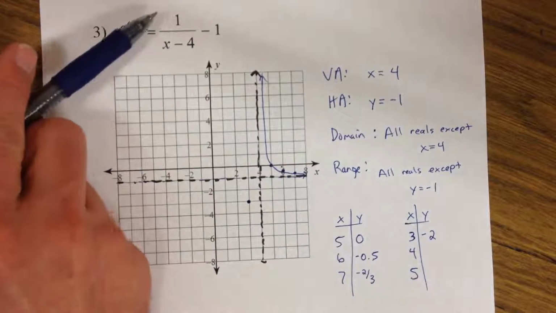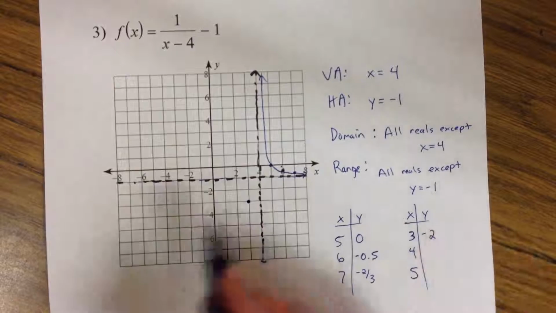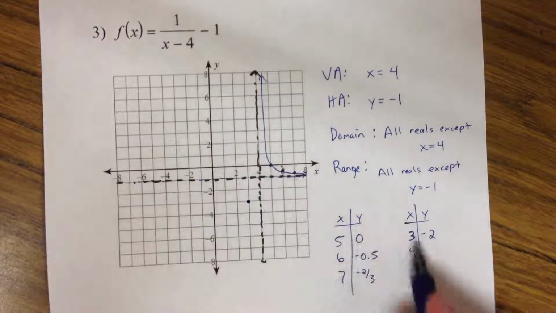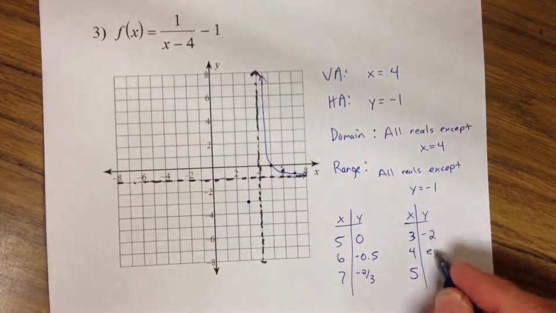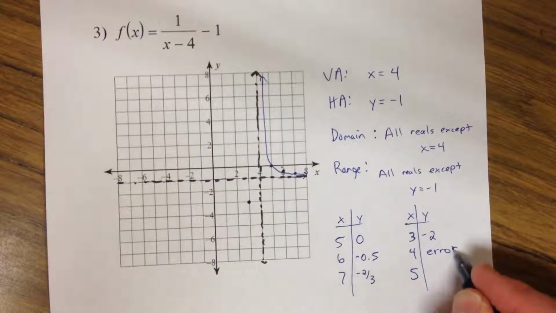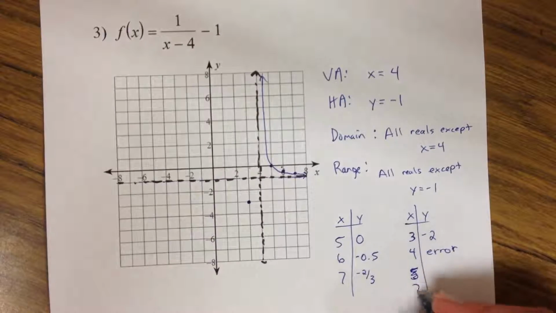Plug in 4. Oh, we don't want to try 4. I went the wrong way. I want to try 3, 2, and 1, not 3, 4, 5. When I plug in 4, 4 minus 4 makes that 0, so that would be an error, and I don't want to head that way. I actually want to go plug in 3, 2, and 1.